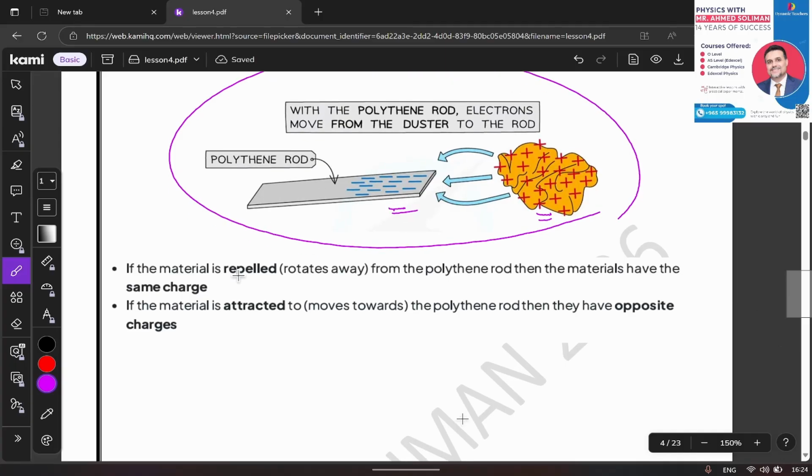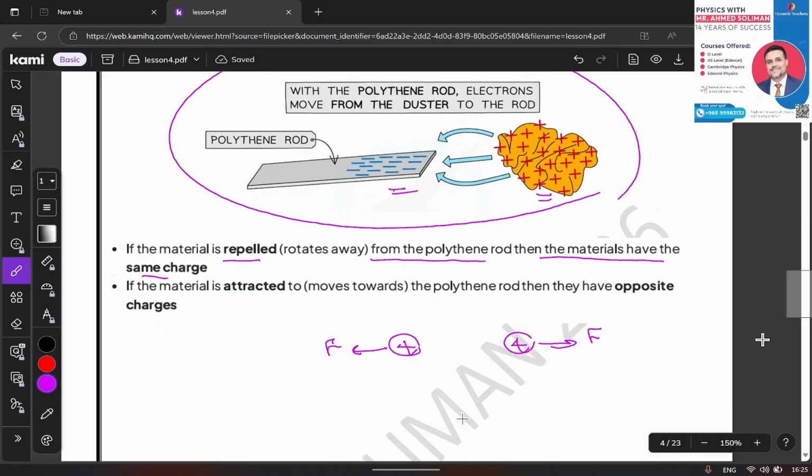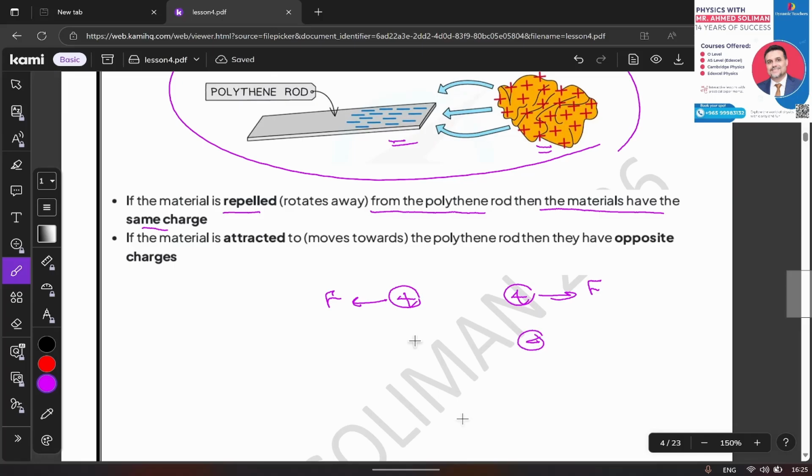Okay, so if the material is repelled from the polythene rod, then the materials have the same charge, because same charge, positive repels positive, repulsion force. What about negative and negative, Bara? Repel or attract?